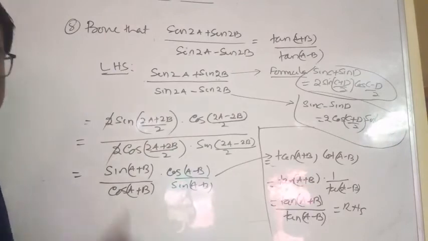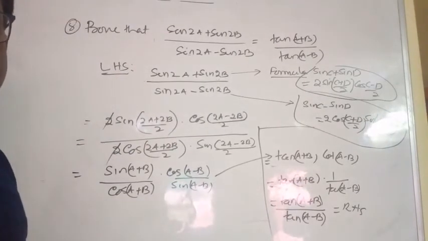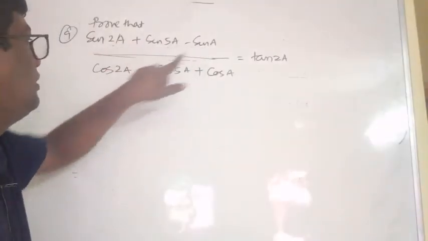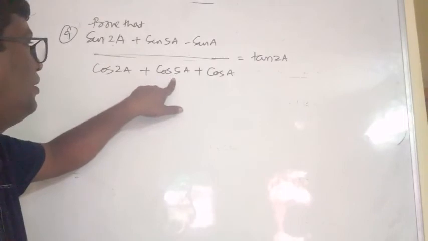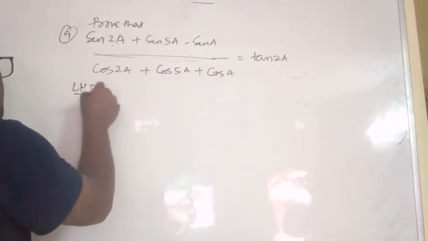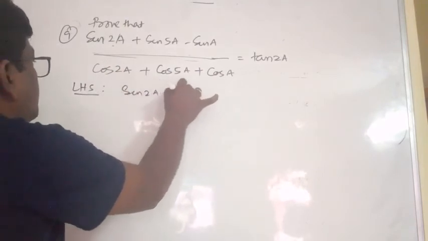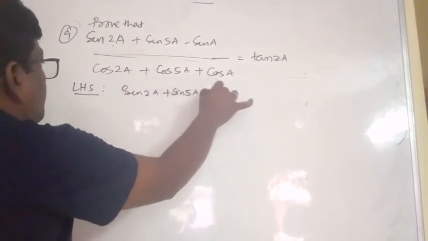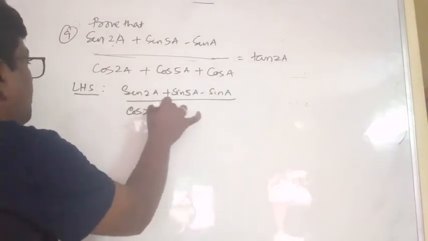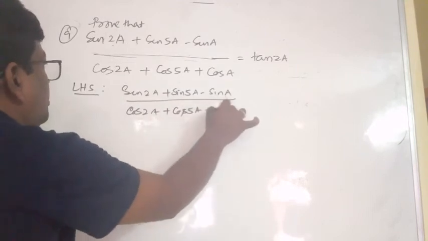Okay, now another question. Sin 2a plus sin 5a minus sin a divided by cos 2a plus cos 5a plus cos a is equal to tan 2a. Left hand side is sin 2a plus sin 5a minus sin a over cos 2a plus cos 5a plus cos a.